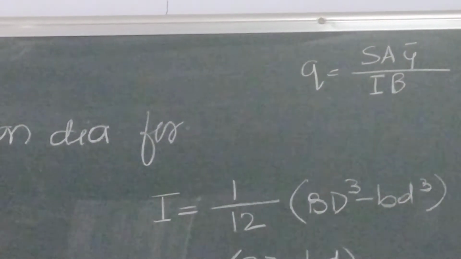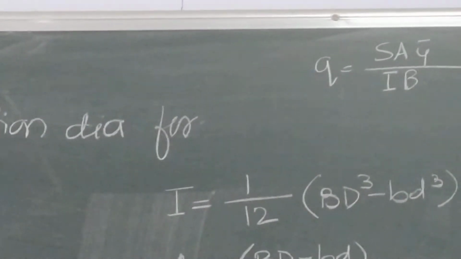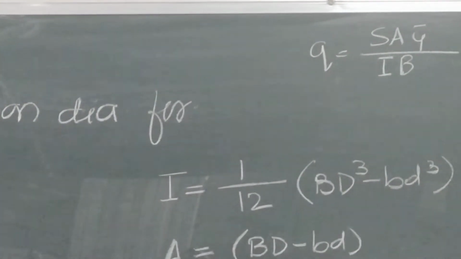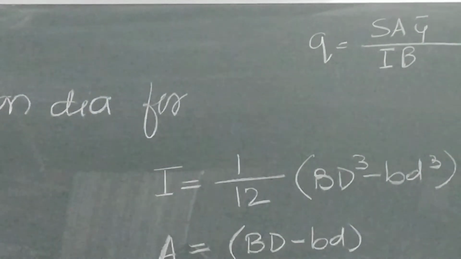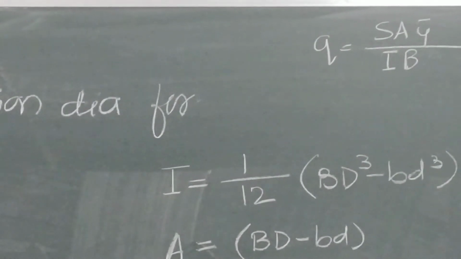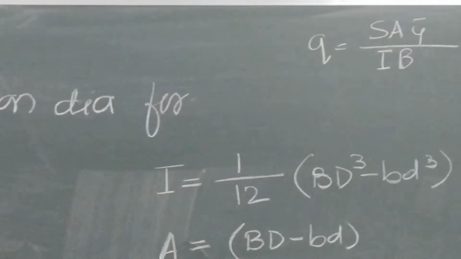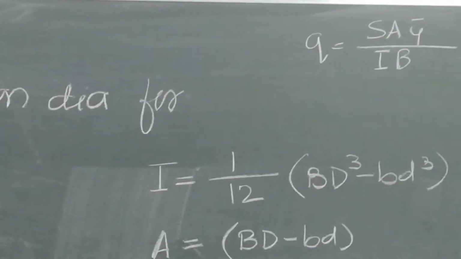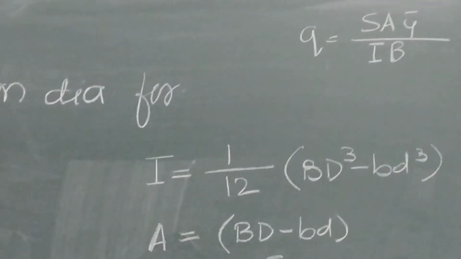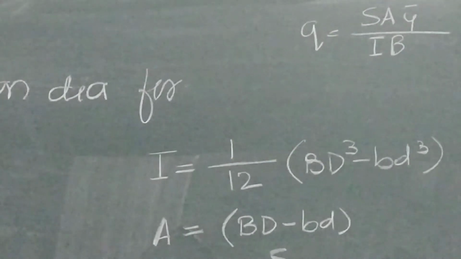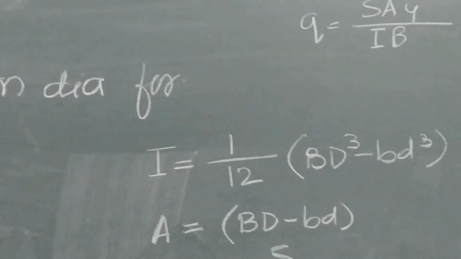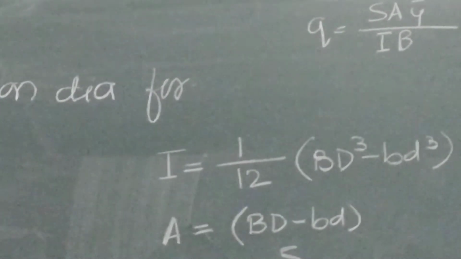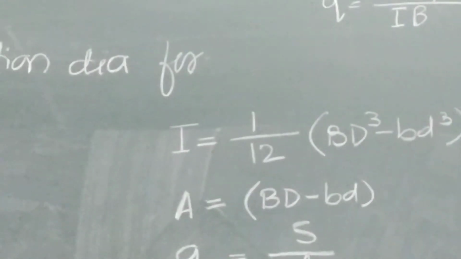We know the formula for shear stress: Q is equal to S A y bar upon I B, where S is shear force, A is area, y bar is the distance of the CG for the section we have selected, divided by IB. I is moment of inertia, B is width.